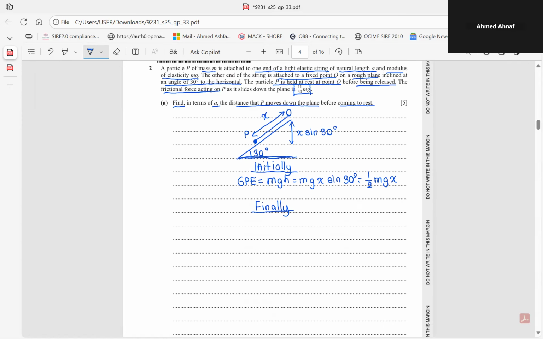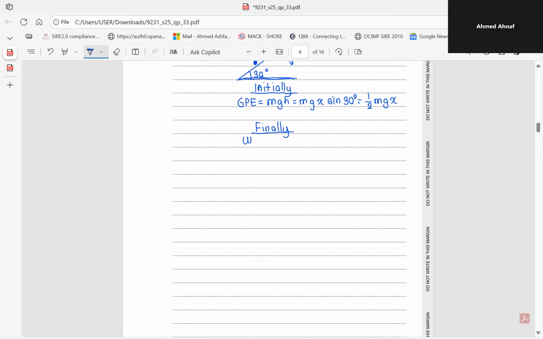So let's find the work done against frictional force. Just use your F times d formula. So that's just 11 over 30 mg, distance from this x.